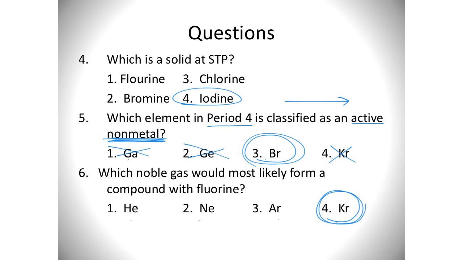So Kr would be the biggest. It would have the lowest ionization energy out of our 4 choices. So therefore, its electrons are held less tightly and it will have a slightly easier time making a bond than the other ones would. Helium would be the most difficult too because its valence electrons are so close to the nucleus.